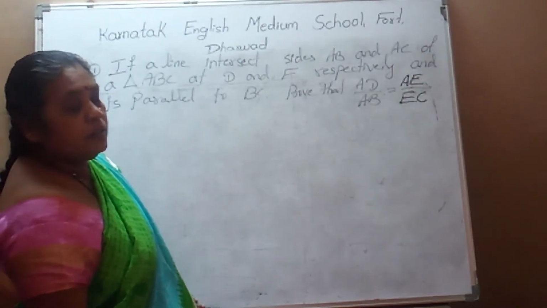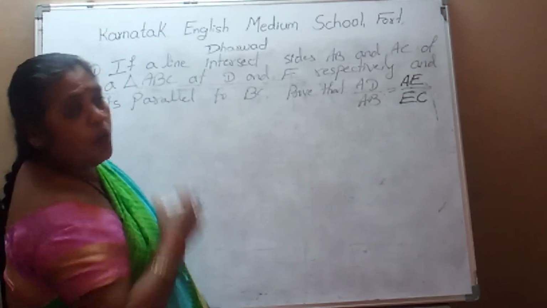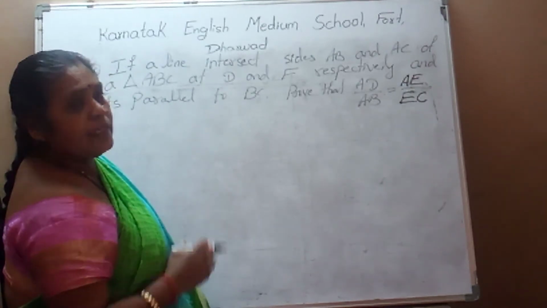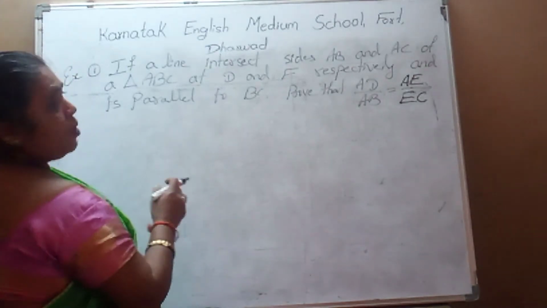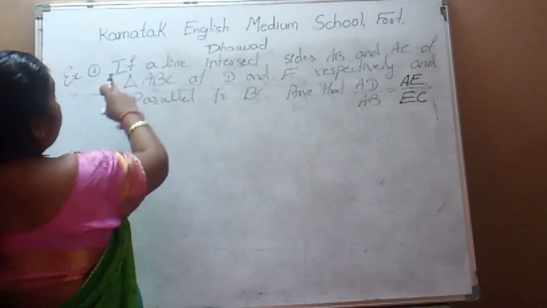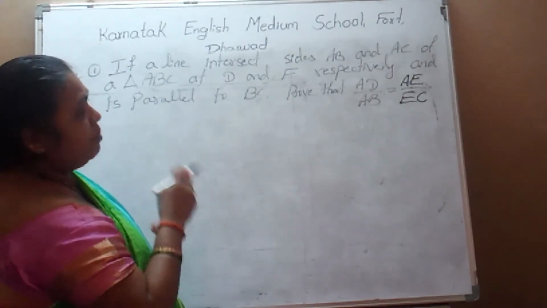So, on the basis of the BPT theorem and the converse of the BPT theorem, we will learn some examples today. First example. This is very important. You remember it.